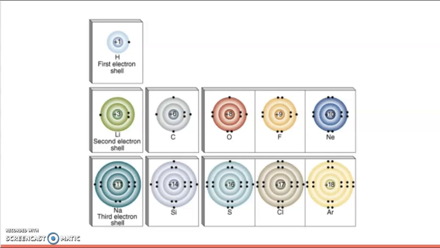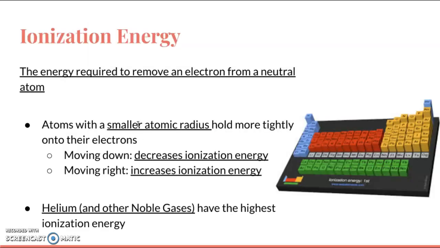So in terms of ionization energy, this one is holding my electron close to my nucleus, and this one's not. So if I move down my periodic table, my atomic radii gets larger.